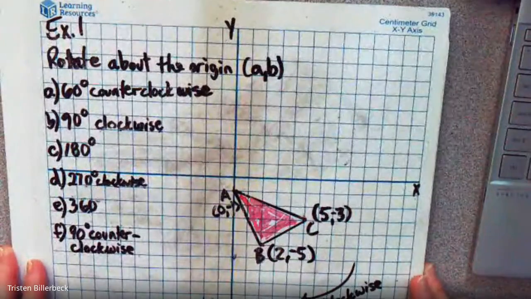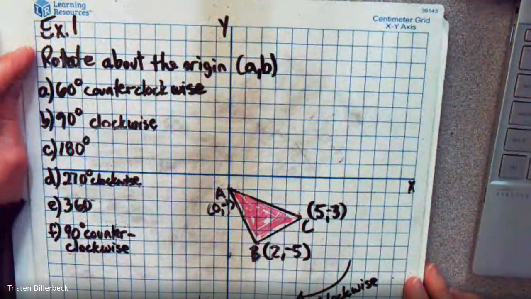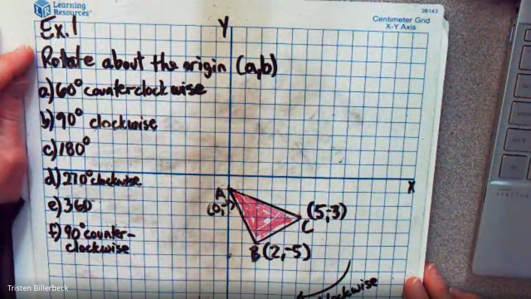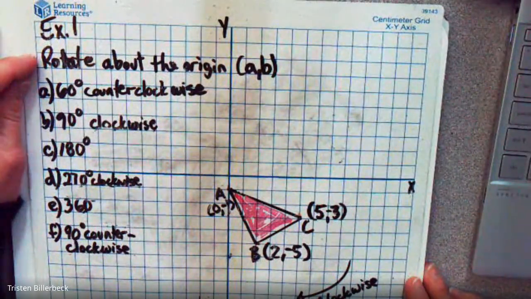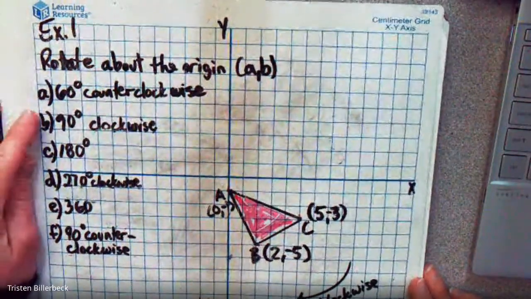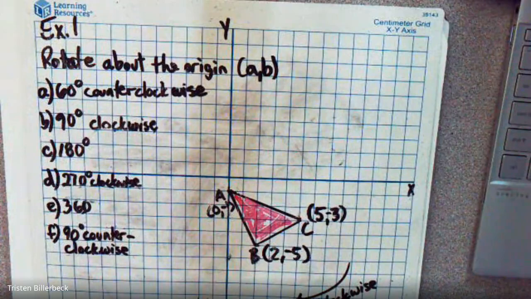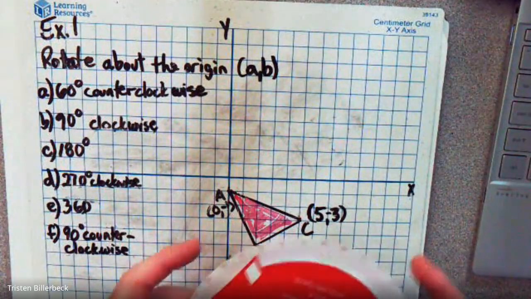All right. So if we have example one, we want to rotate about the origin A, comma B. If I have a 60-degree counterclockwise orientation, I am going to bring out my fancy little protractor to show you that that's not going to be very easy.